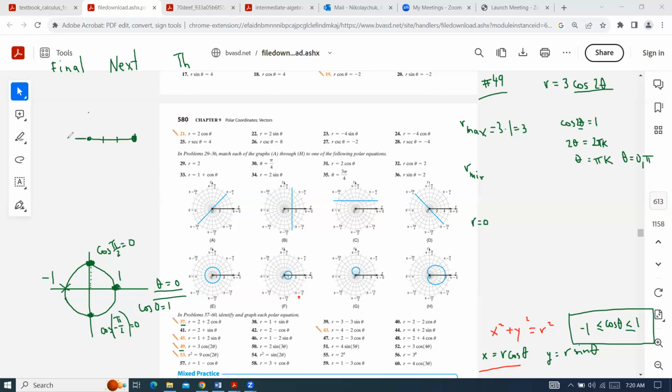And on the other side also 3. So that's going to be the largest values for my radius, farthest from my pole.